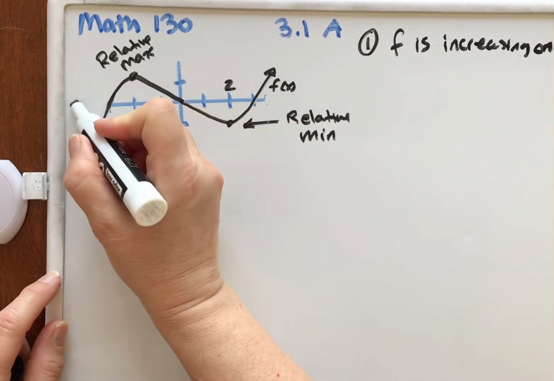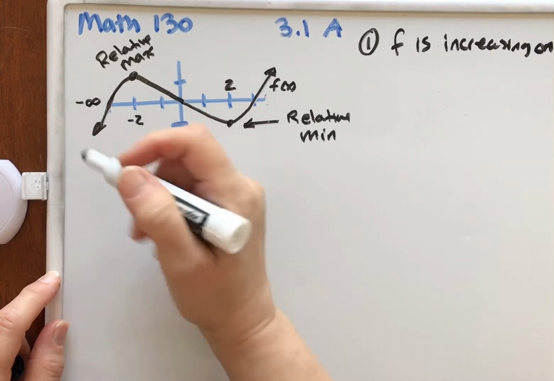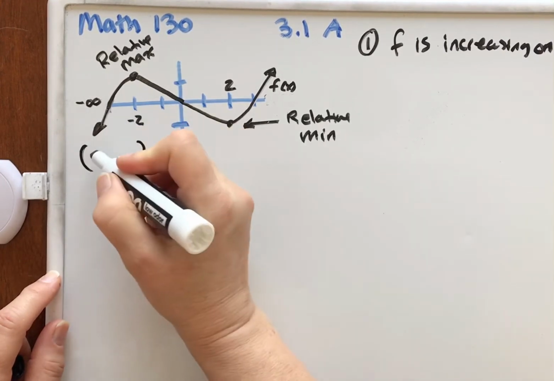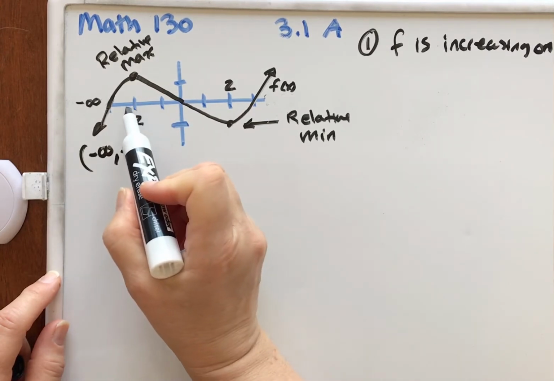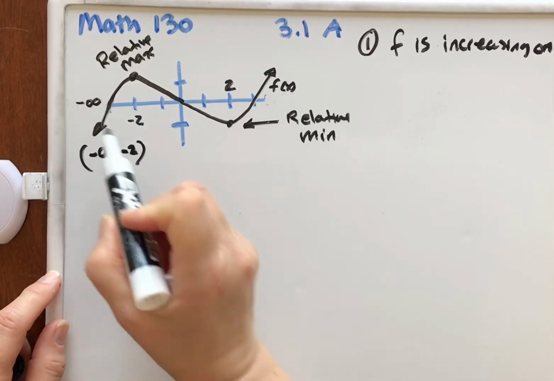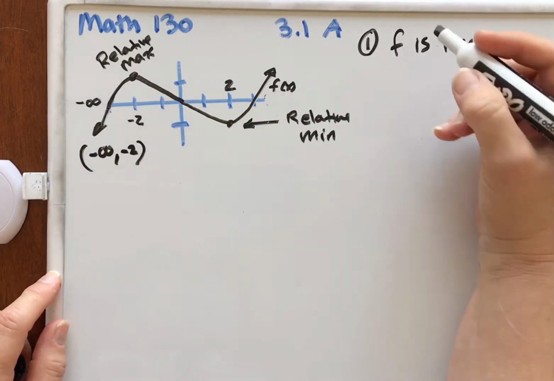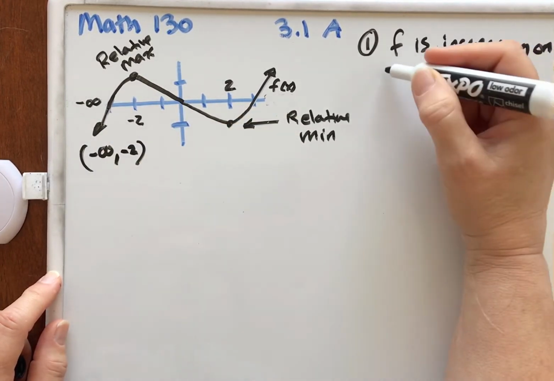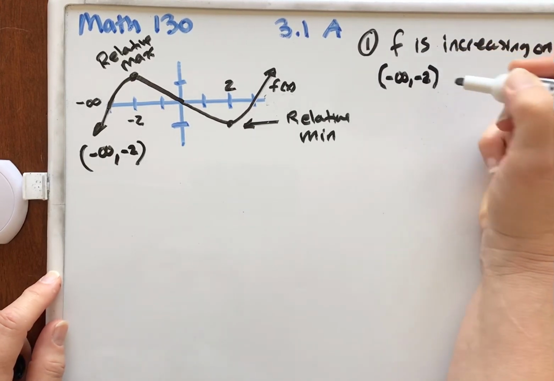And out here is -infinity. So from -infinity to -2, remember interval notation. This means from this right here are x values. So on our domain from -infinity to -2, f of x is increasing. So we say f is increasing on -infinity to -2.